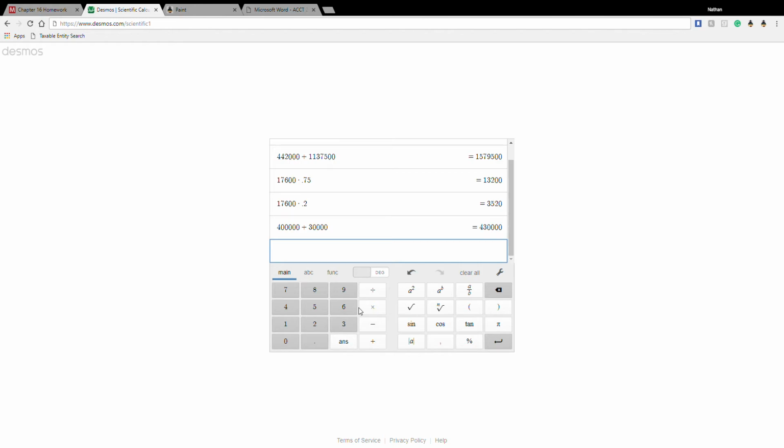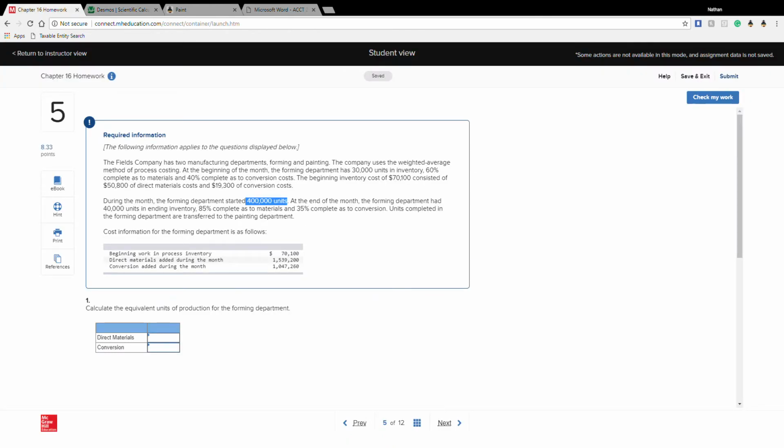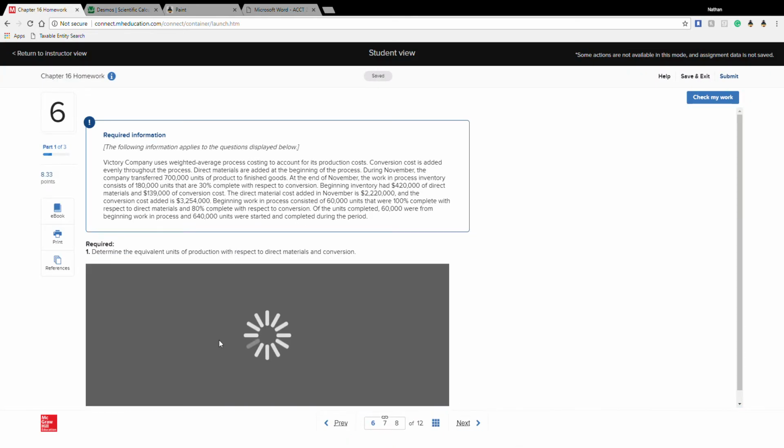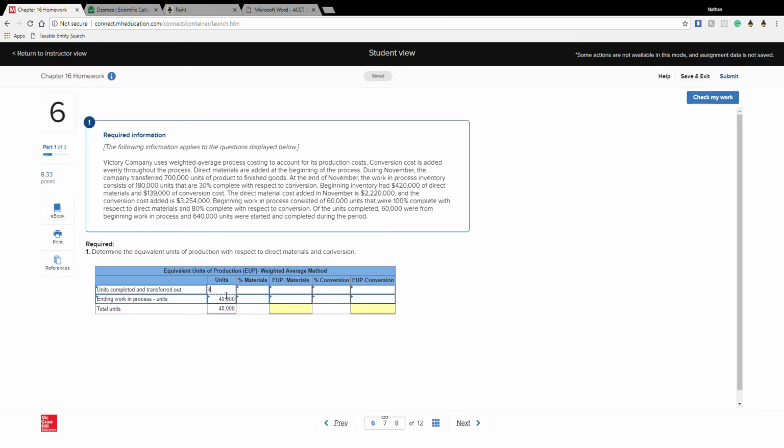So adding those two, all you need to do now is subtract the ending, which happens to be 40,000 in this example. So that means completed goods transferred out was 390,000 for us. So we're going to put that in here just to give us a visual of what's going on, and it'll be a lot harder for me to do all this in Paint.